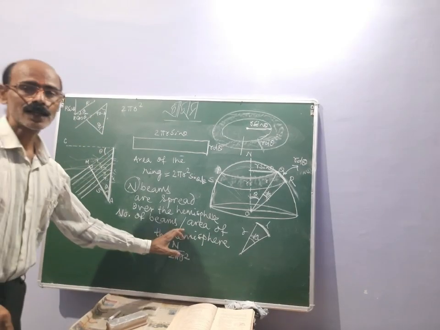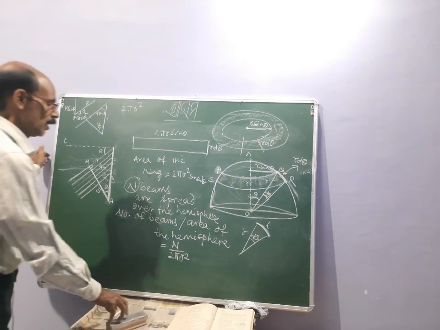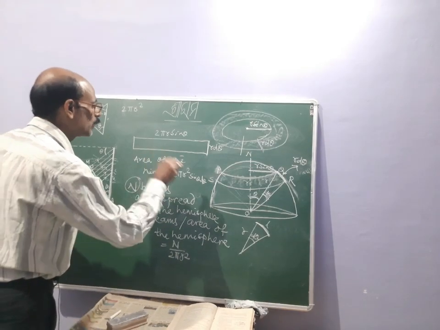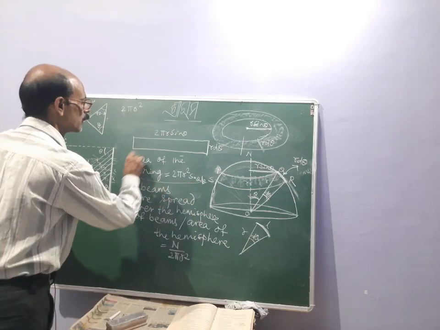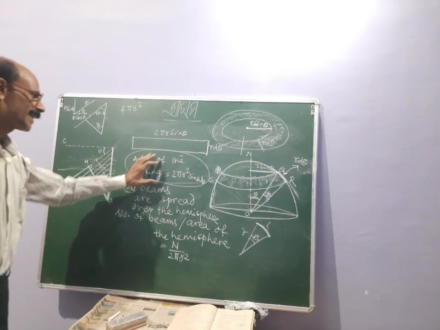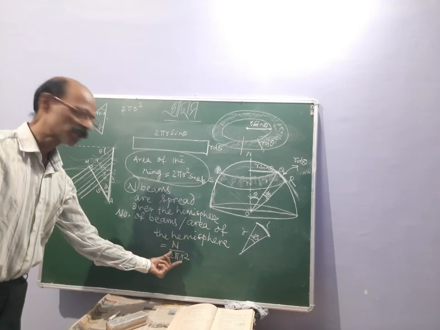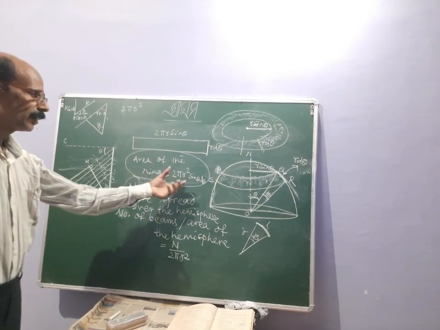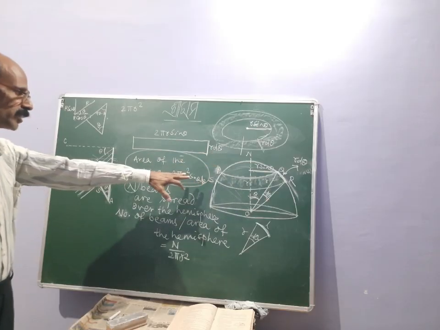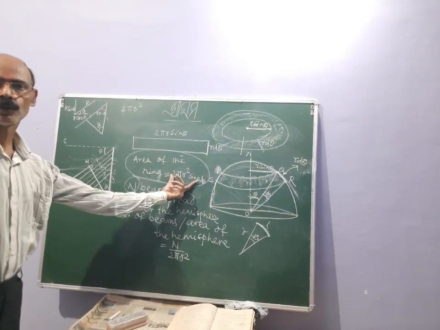That means this is the number of beams per unit area of the hemisphere. Then what will be the number of beams associated with the area of the ring? This is the number of beams per unit area, then the number of beams associated with the ring will be this into the area of the ring.